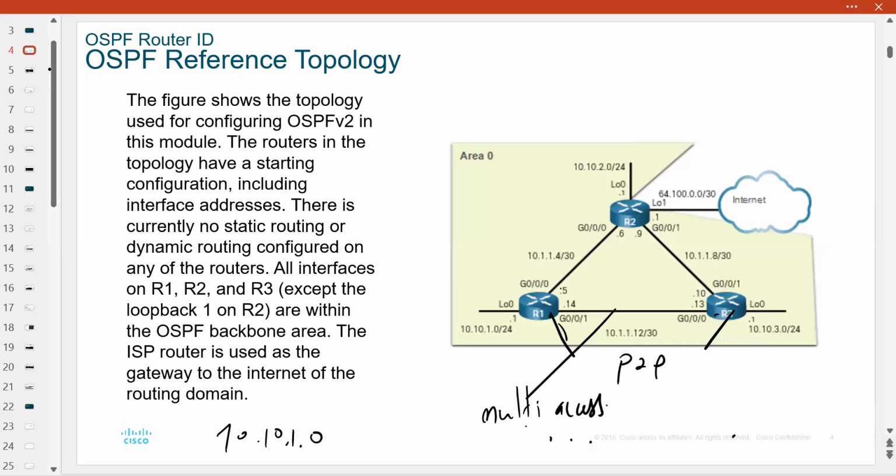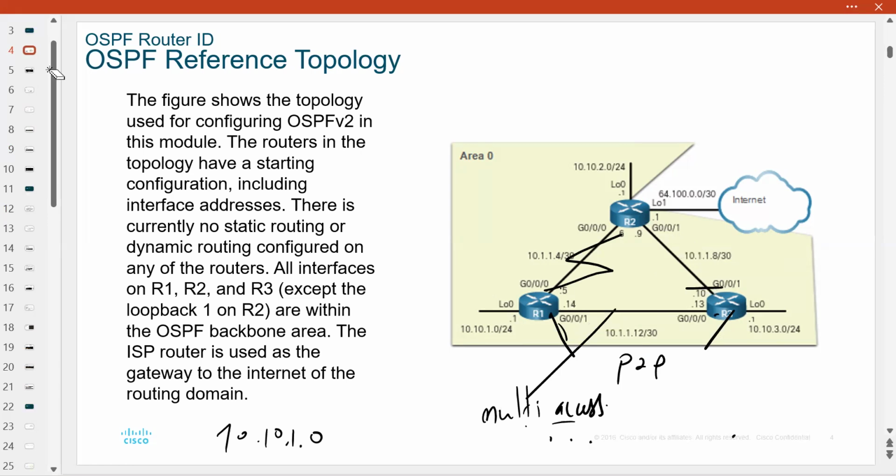Therefore, it behaves as a multi-access link. This is a point-to-point, but using a multi-access link. If we wanted this to be purely a point-to-point, we could have used a serial link like this instead of using an Ethernet link, right?